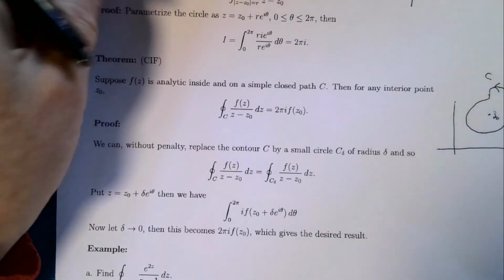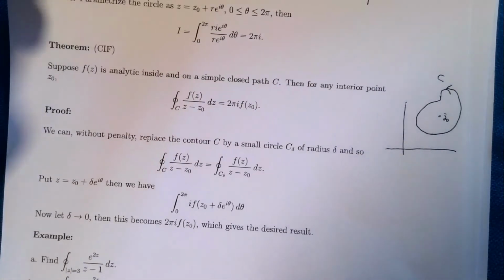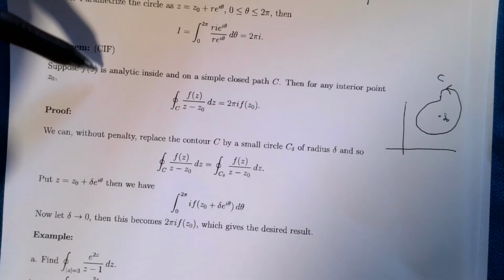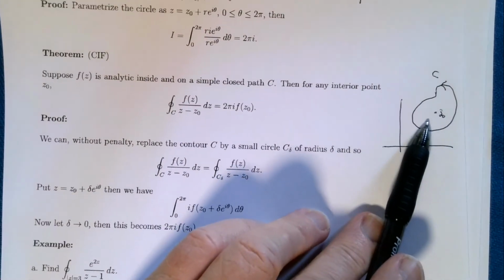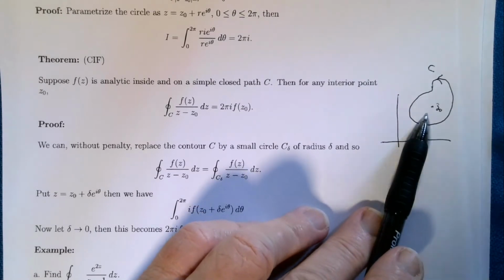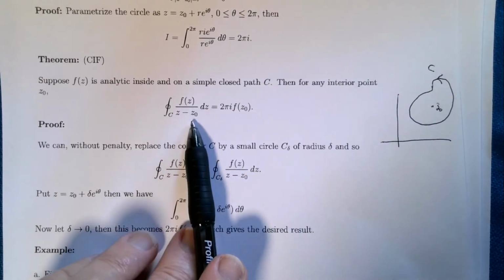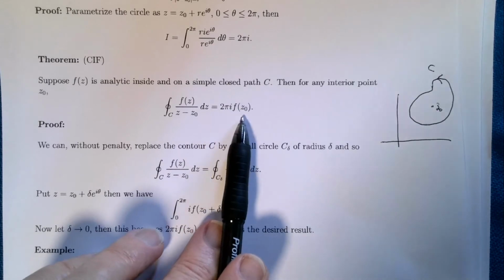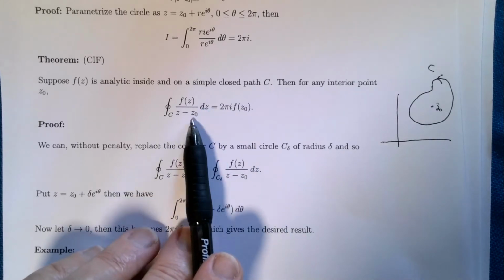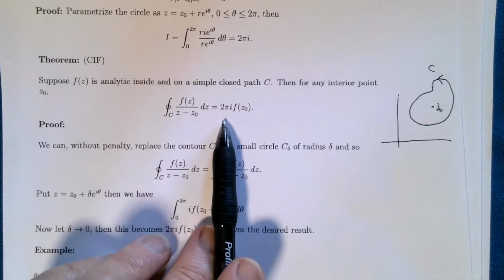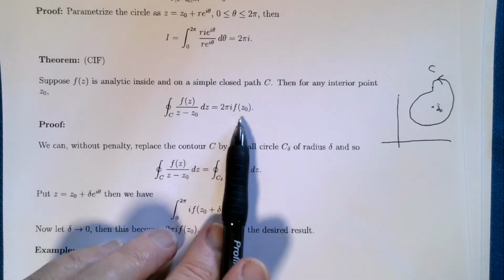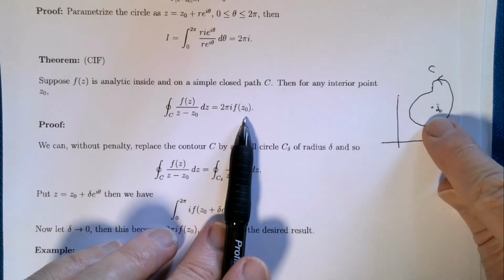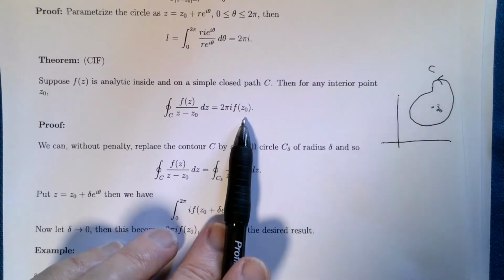The theorem says that if f of z is analytic inside and on the contour, and we integrate this function divided by z minus z0, then we get 2 pi i times f of z0. That is, we just substitute the z0 up into the numerator, multiply by 2 pi i, and there's the integral. This is rather interesting because it's telling us the value of the function at an interior point in terms of an integral around the boundary.